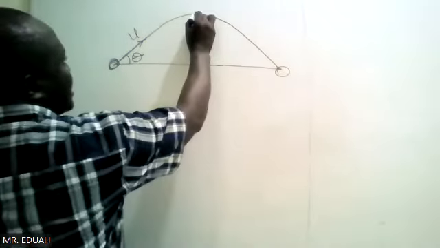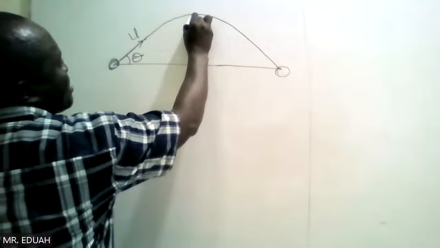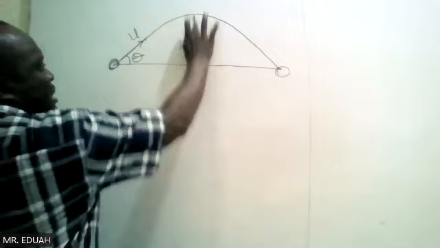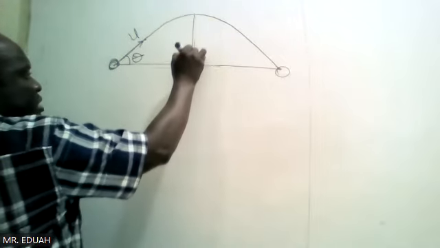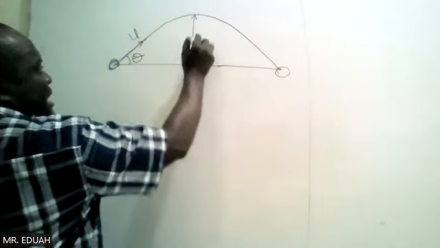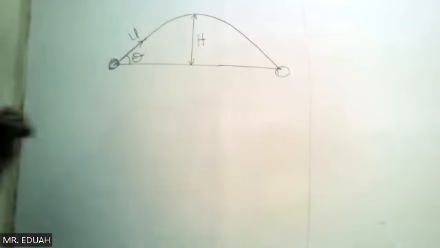This is the maximum height traveled by the body, the maximum vertical height. We said let the maximum height be h.